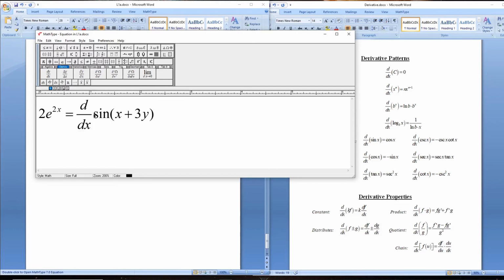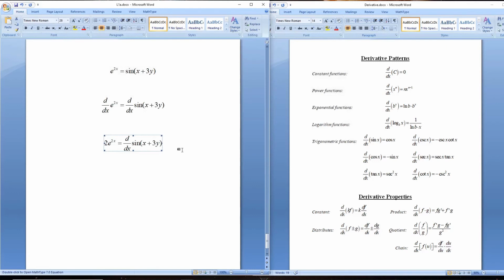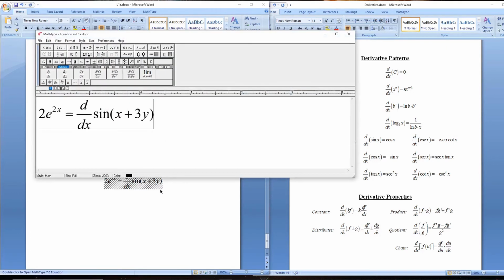So, well, let me write this out. Let me leave it like that, actually, so I can show the steps. So a chain. We first identify the outer function here, which is sine, and that's the derivative we'll do first. And the derivative of sine is cosine. And the chain rule says, cool, you did the straight up normal derivative, and now you have to do the derivative of the argument.